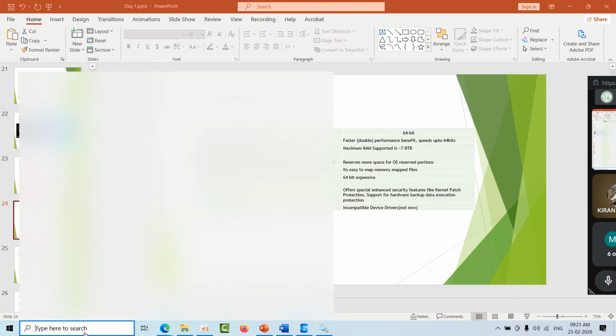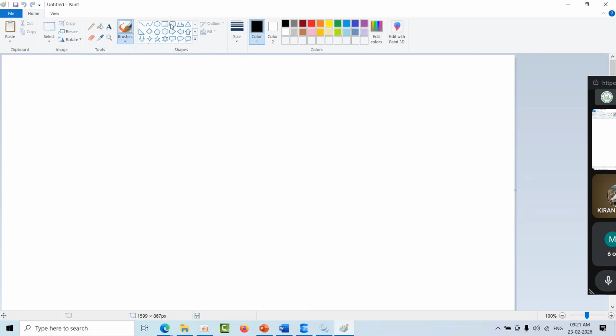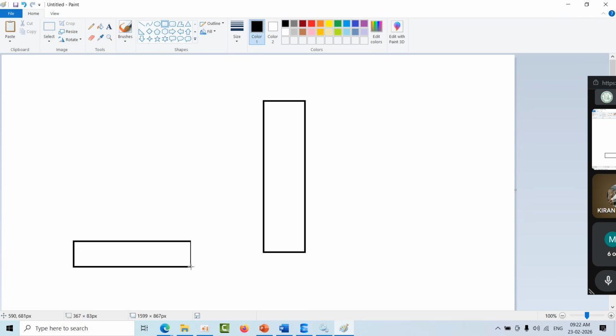Let me take you to Paint. So this is my RAM, and this is my hard disk. Whenever there is less memory, the files that are in memory get transferred to the hard disk.